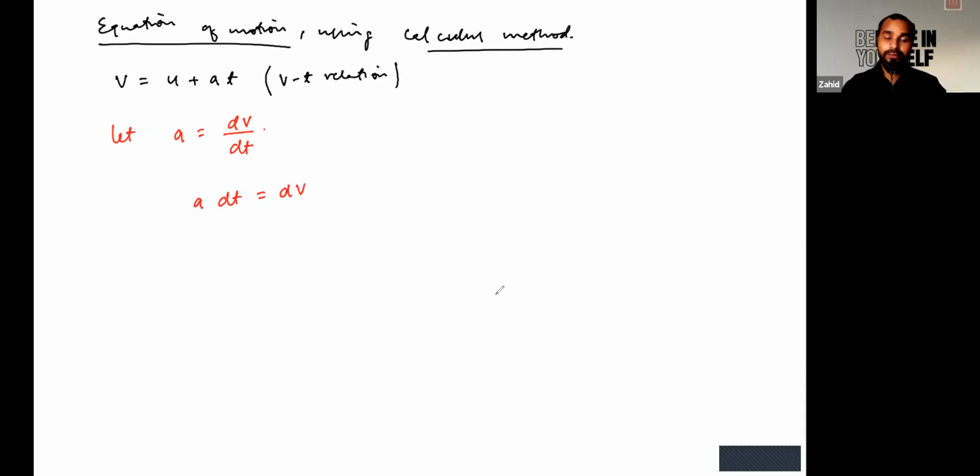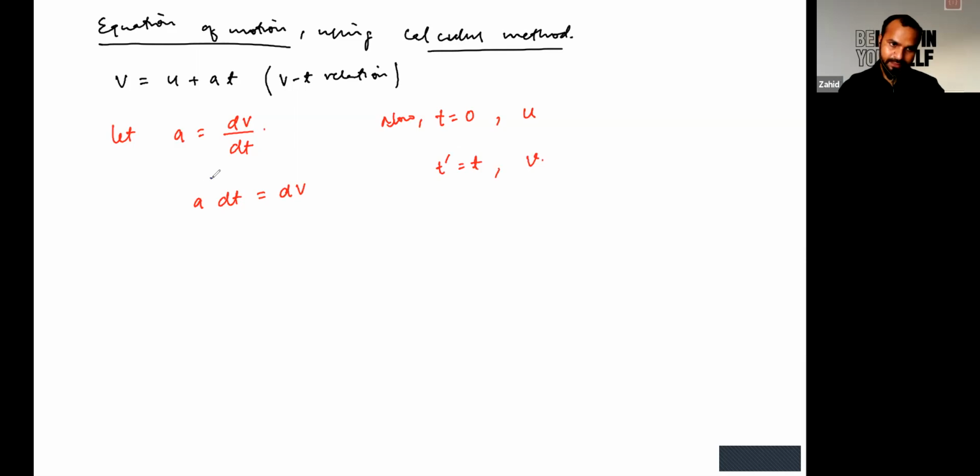Okay. Now we have to put limits for this calculation. For the limits, at time t equals 0, the velocity of the body would be u. Similarly, at some later time t, the velocity becomes v.